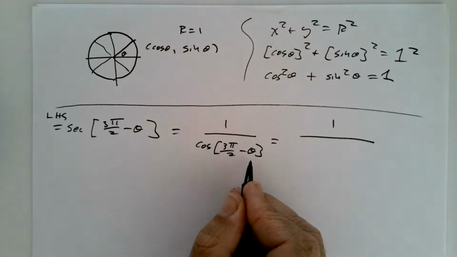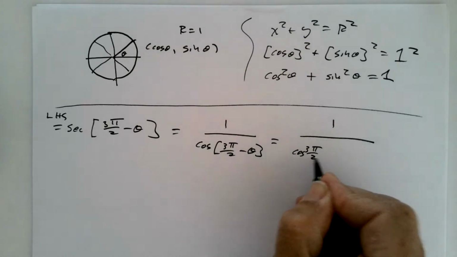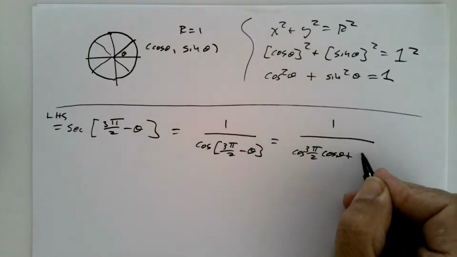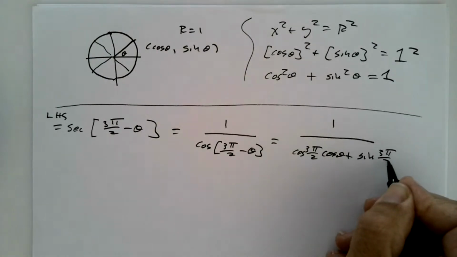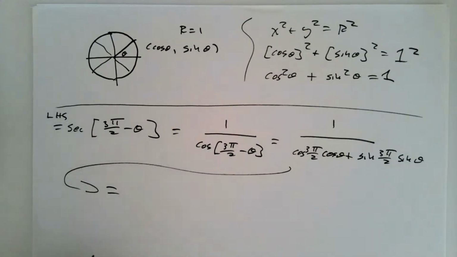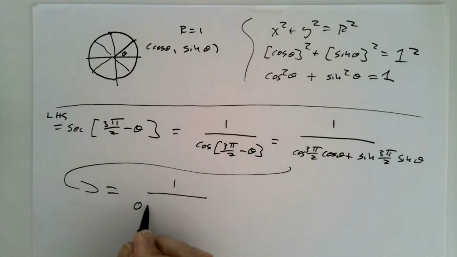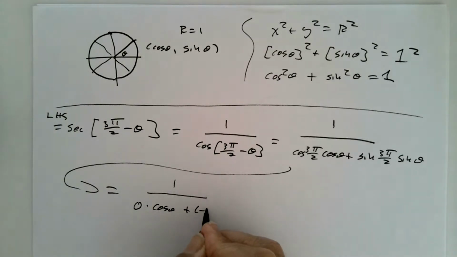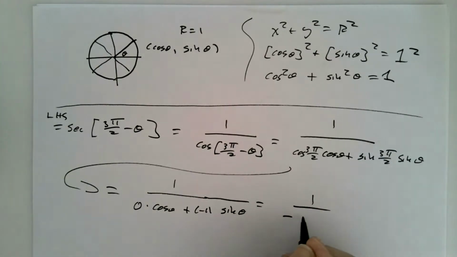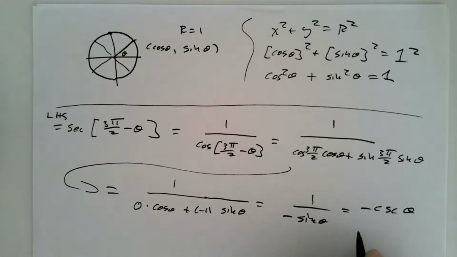Cos of A minus B is cos A cos B plus sine A sine B. So cos 3 pi over 2 cos theta plus sine 3 pi over 2 sine theta. Which in turn gives me 1 over 0 times cos theta plus negative 1 times sine theta, which gives me 1 over negative sine theta, which is negative cosecant theta, which is the right-hand side.